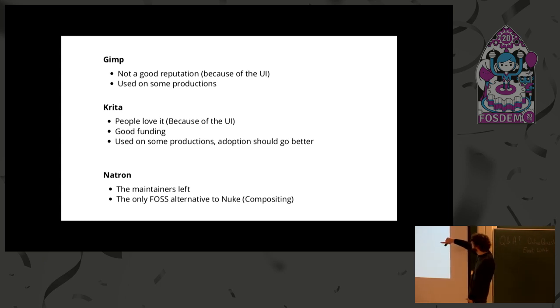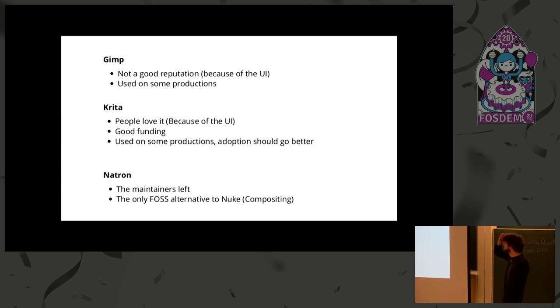And what is really more interesting, I think, is Krita. Krita is not widely used today, but it has a really good reputation. Every CG artist who tries it loves it, and it could replace Photoshop at some point for everything that is backgrounds.